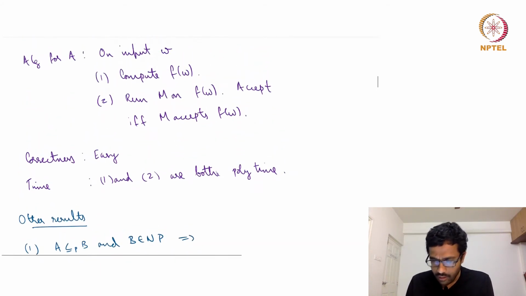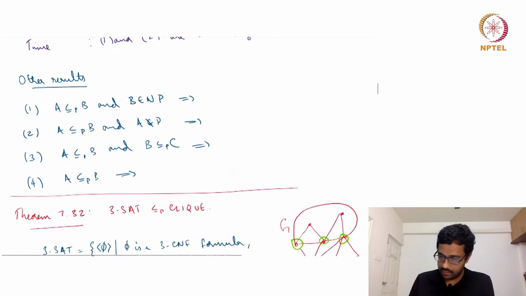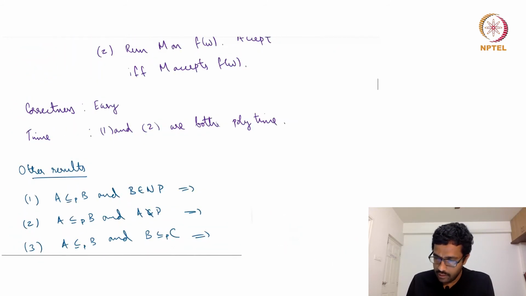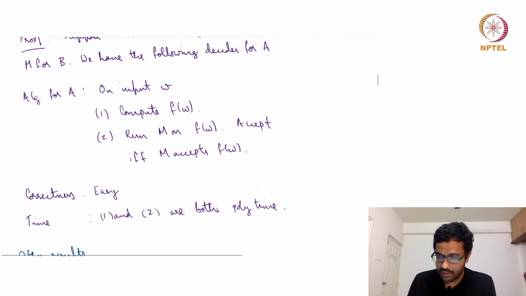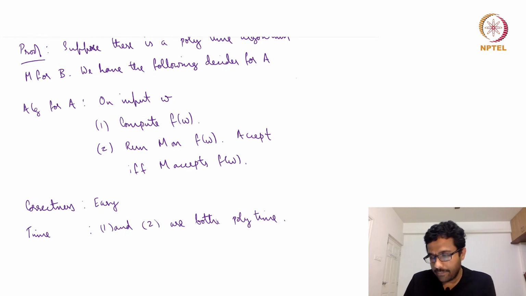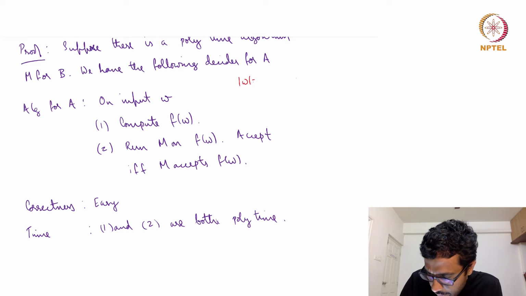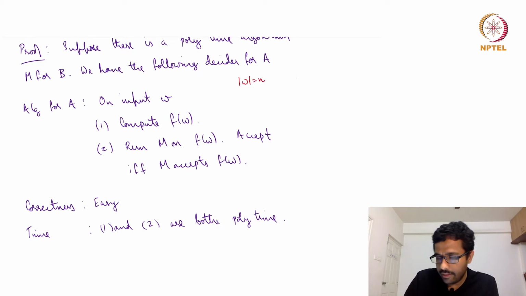Why is that? This is true because let's say W is of length n, and let's say computing f of W takes polynomial time.